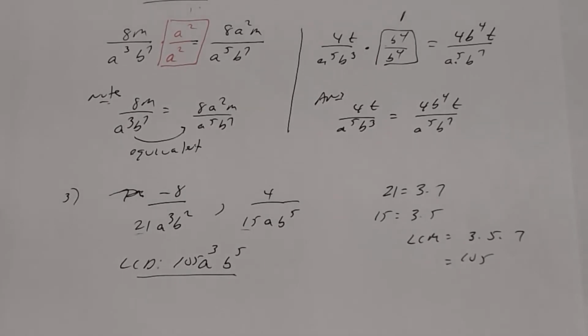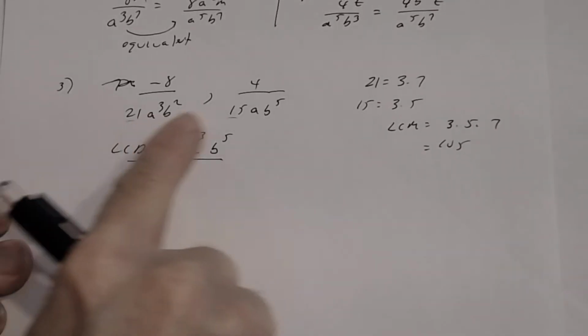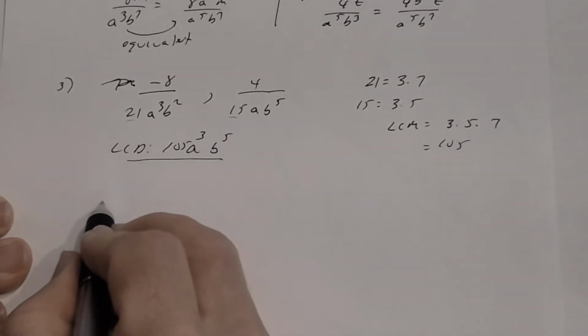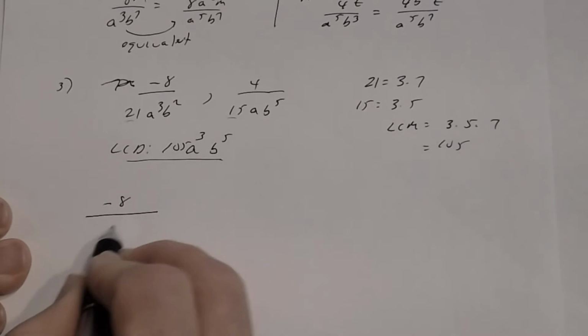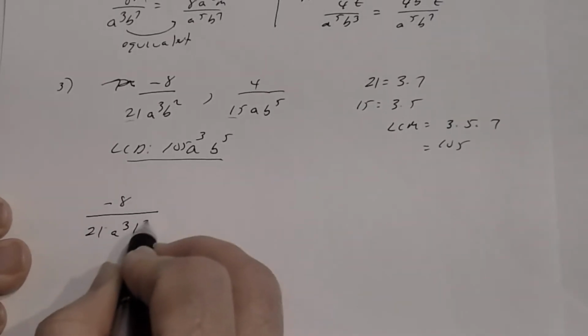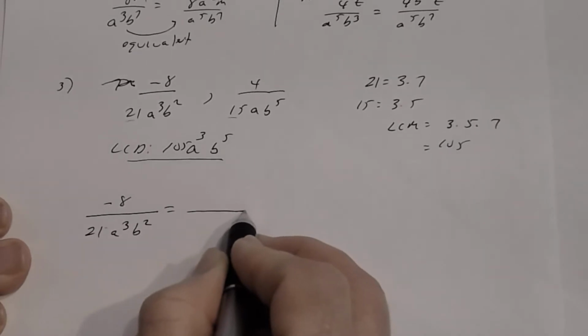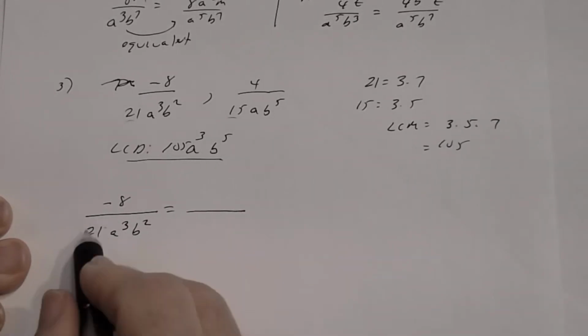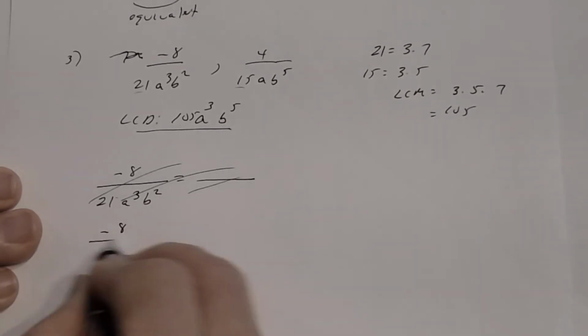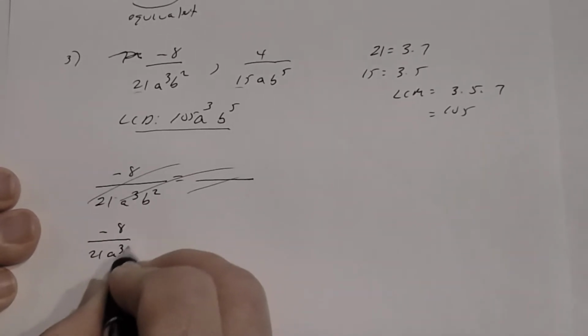And now what you want to do is write equivalent rational expressions for those two with this denominator. So then you're going to say negative 8 divided by 21, a to the 3rd, b to the 2nd power is equivalent. Oops, I forgot, I didn't leave some space here. So let me go ahead and rewrite this. So negative 8 divided by 21, a cubed times b squared.